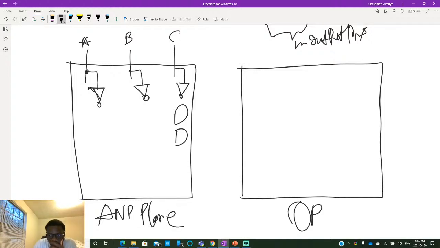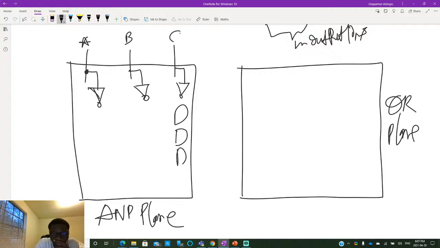This is called the OR plane. I'm going to remove these for now. Put it here, OR plane. And these are OR gates.